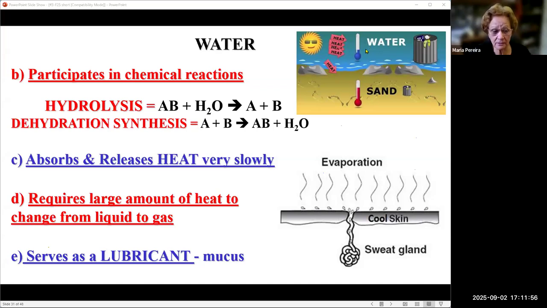Why? Because water is there to absorb and release the heat. So it maintains the temperature at a narrow range. And that's very important for maintaining temperature in our body. If there would be no water in our body, well, we couldn't survive, but also the temperature change would be enormous.